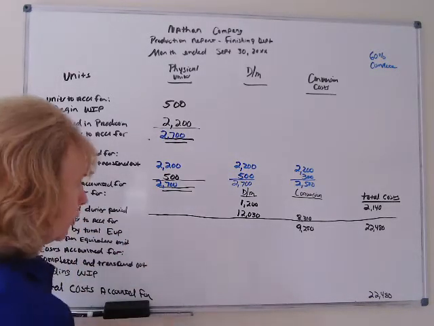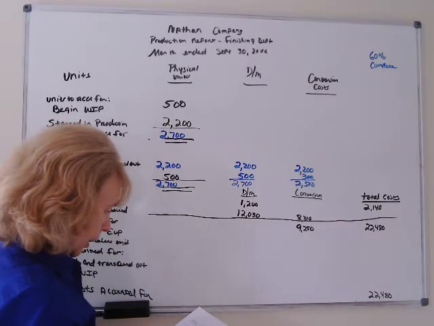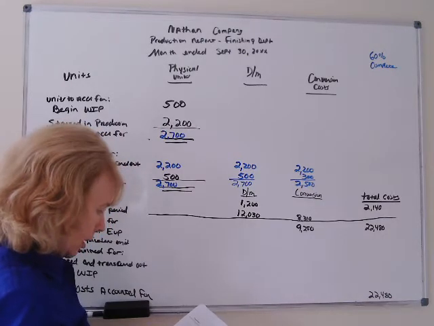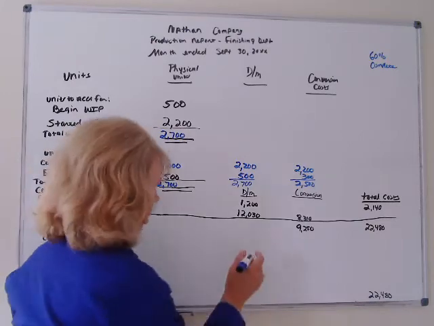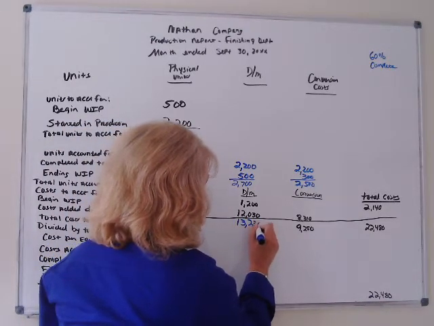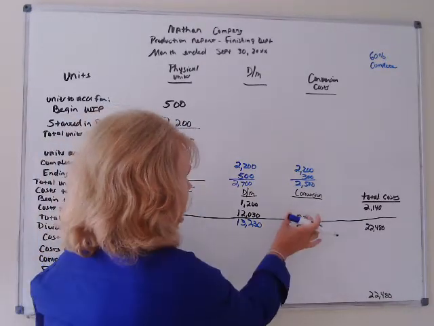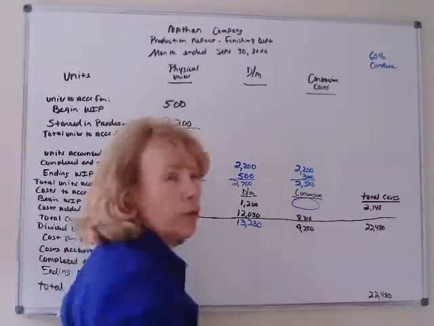They gave me direct materials, the beginning work in process, and cost added during the period. So I just simply add those. 1,200 plus 12,030 gives me 13,230. For this one, we can do it one or two ways.